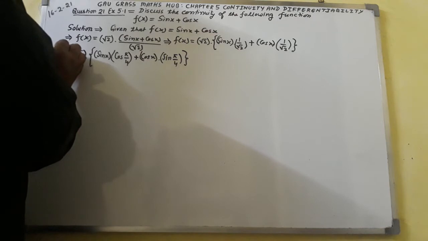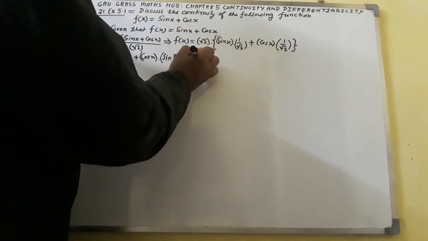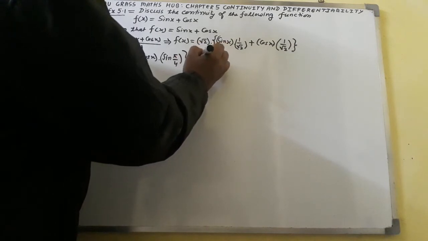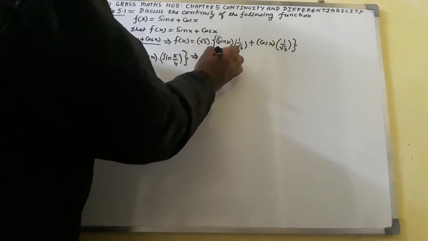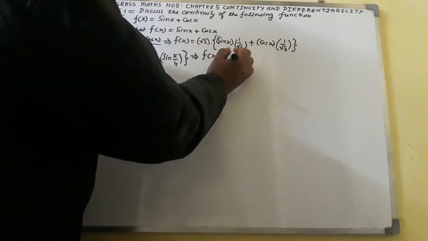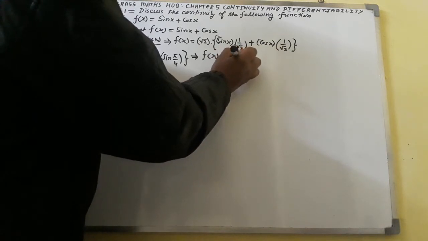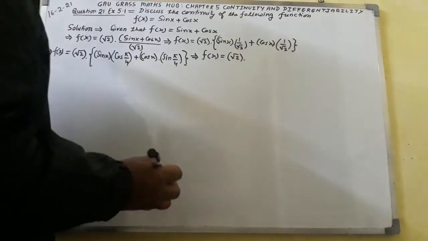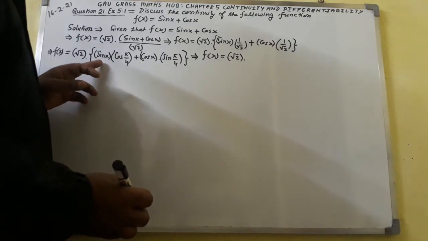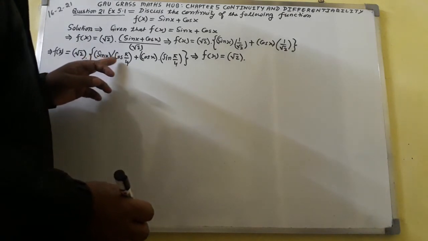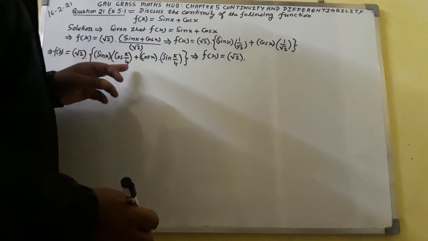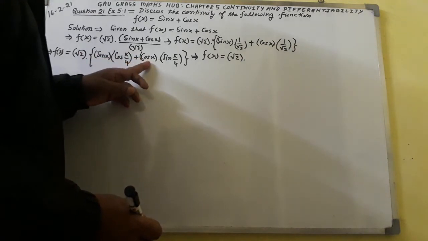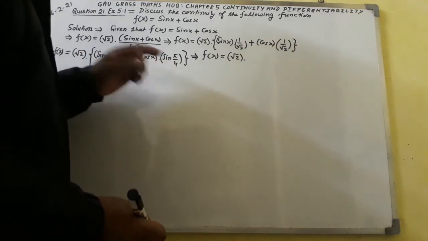So f of x equal to under root 2 times sin x dot cos pi by 4 plus cos x dot sin pi by 4.